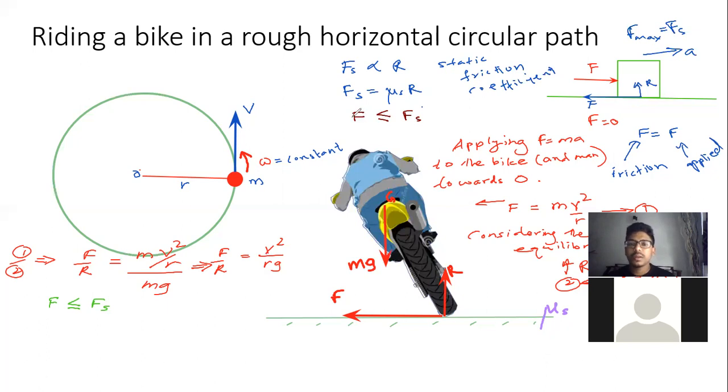So when f equals Fs, that is the limiting condition. It reaches a limiting value. If it exceeds this value, it suddenly slides. Okay, so do you understand that f is always less than or equal to Fs? Yeah. Okay, that's good.